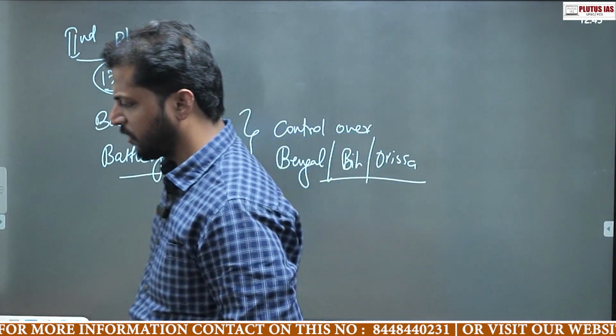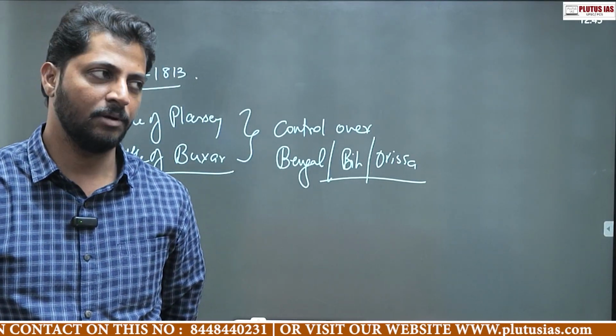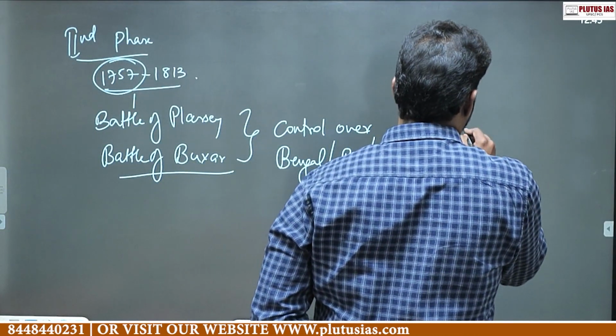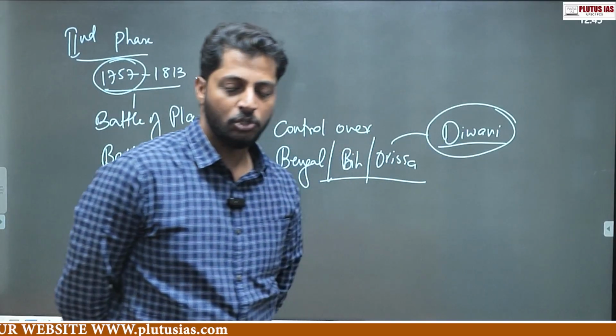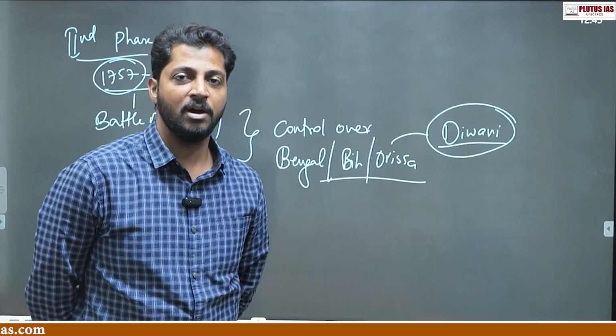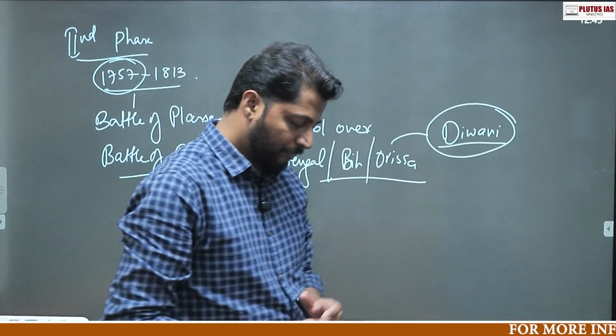That means, especially here Diwani rights means the right to collect revenue from Bengal, Bihar and Orissa. So when they got Diwani rights, they started using, in fact we can say misusing this Bengal money for various other purposes. So what are they?